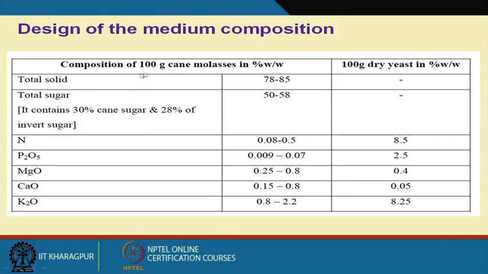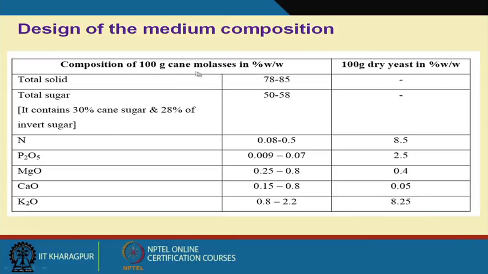Now, if you look at the composition of the cane molasses, I have taken the example of cane molasses because in India we mostly have cane molasses available, because we have a lot of cane production and mostly the sugar industry is based on cane.